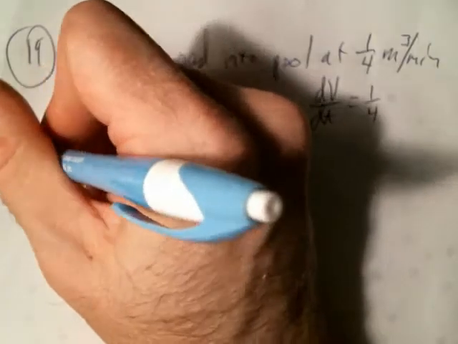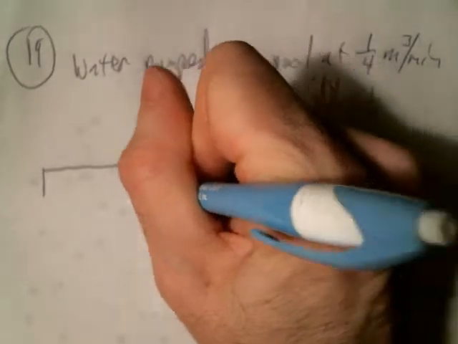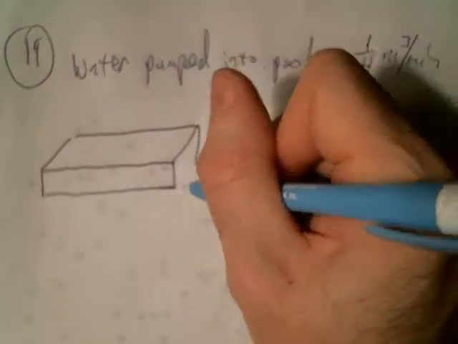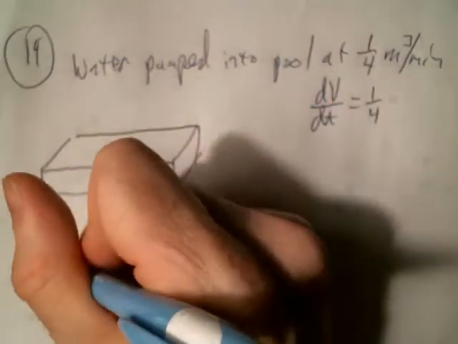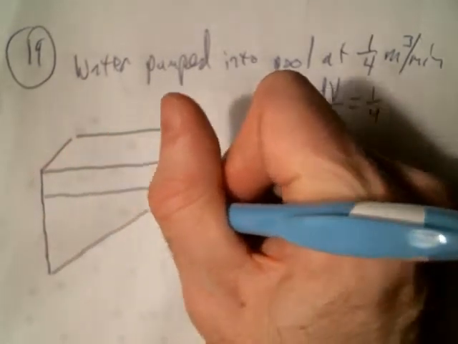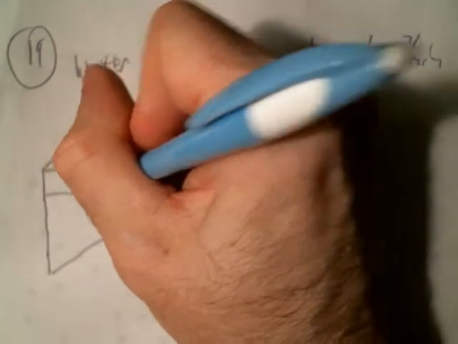So the pool is kind of weird in that it has two volumes to always take into consideration. There's this rectangular solid region, and then below it there's this sort of triangular region.